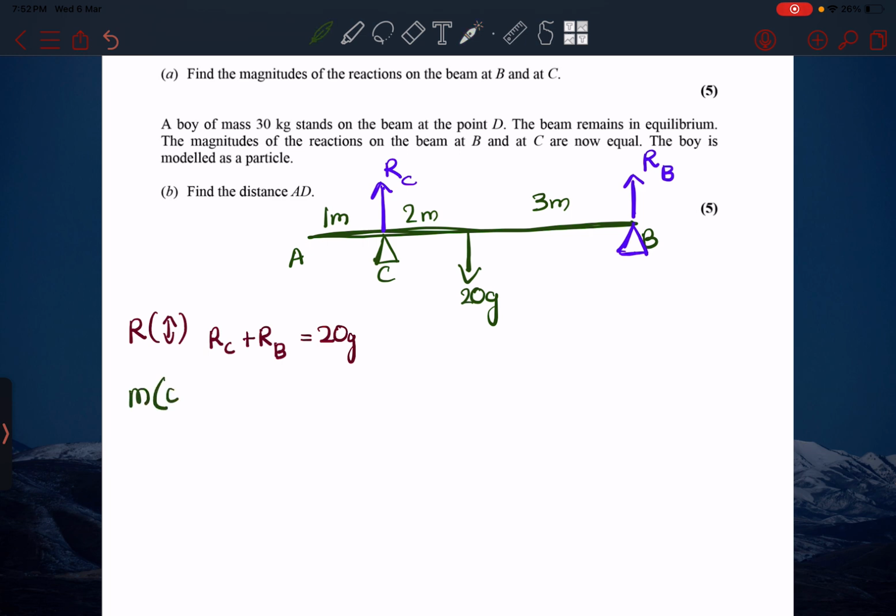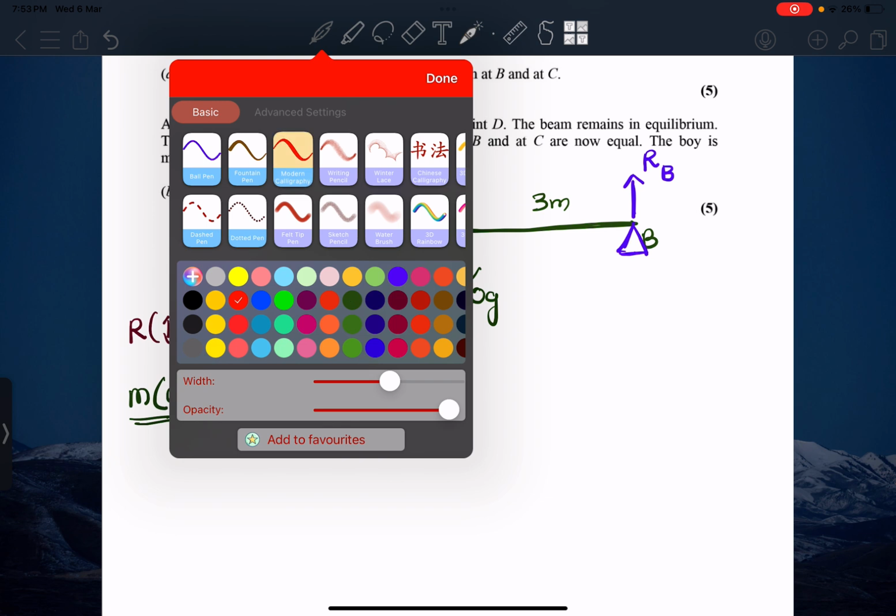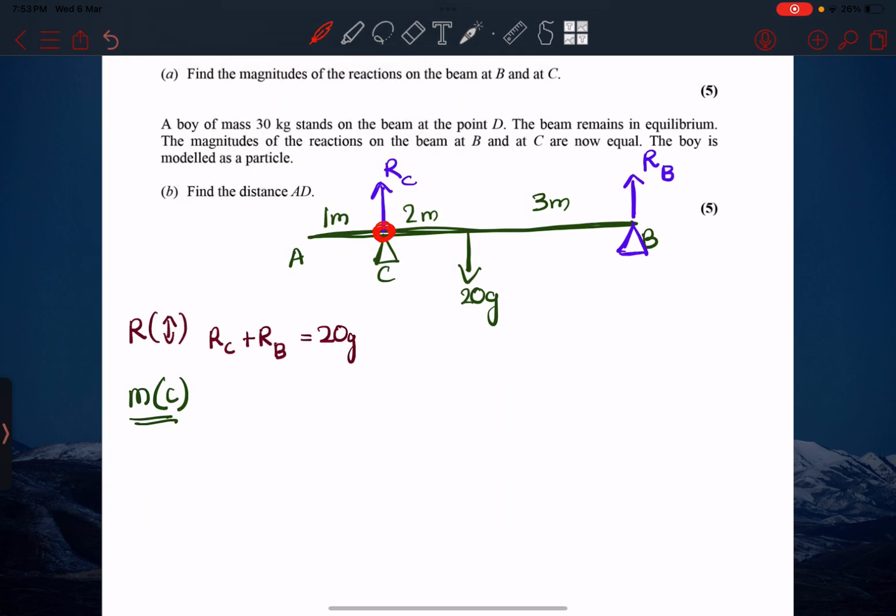So taking moments about C, RC is eliminated because the force is going through my pivot point. Let me make my pivot point a bit bigger so that it stands out. So my pivot point is there. The first force that is going to cause a moment is the 20 g, and it is going in the clockwise direction. The perpendicular distance between the force and the pivot point is 2.